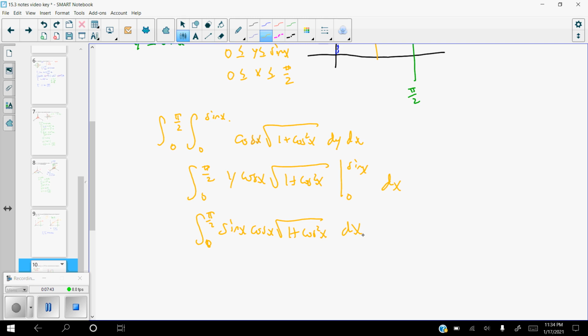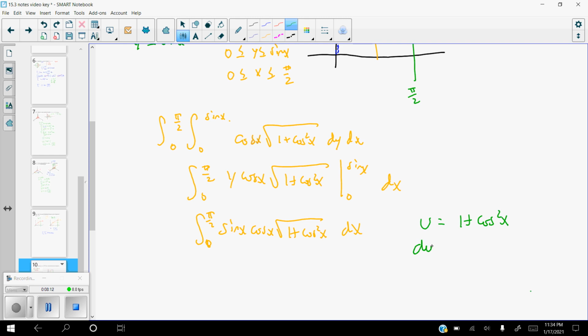It looks like, because it'd be really nice if that was 1 minus cosine squared of x underneath the square root, because then that just would have been sine, but it's not going to be the case. So I think we're going to have to do u equals the whole inside of that square root, 1 plus cosine squared of x. I don't think just letting it be cosine of x would work, because you'd still have an extra cosine on the outside. So yeah, I don't think that's going to work.